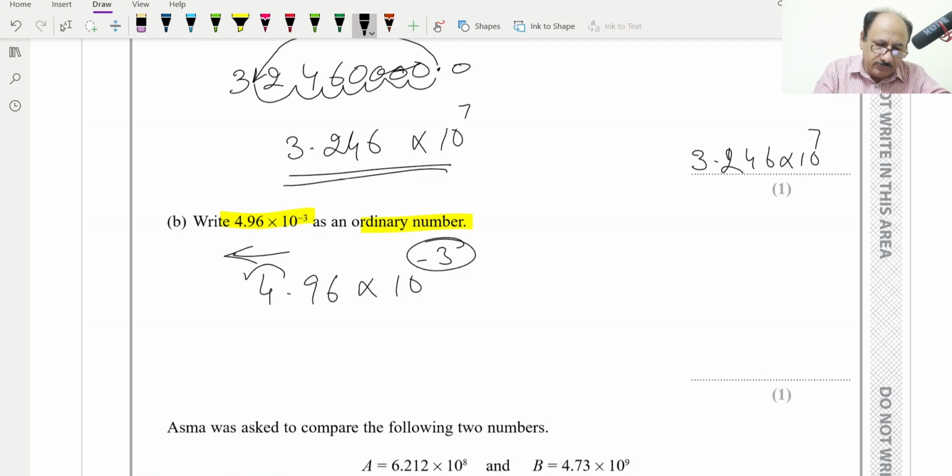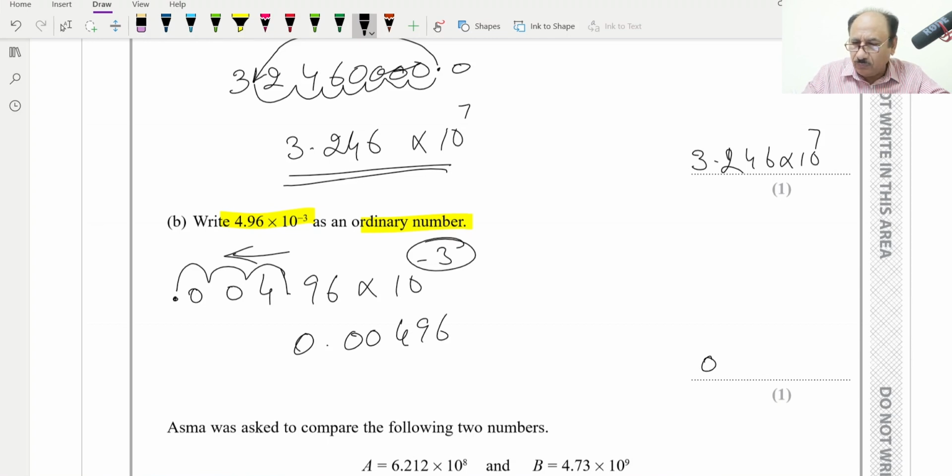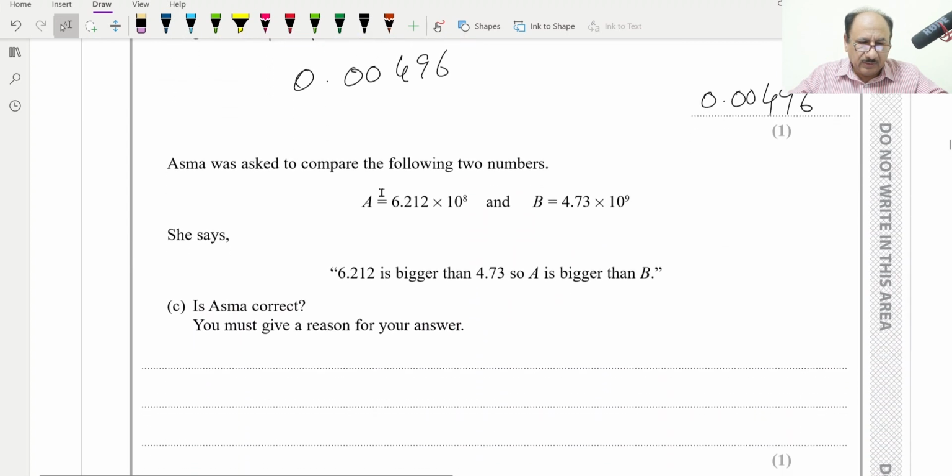So 1 jump, 2 jump and 3 jumps, so the decimal will reach here. We'll put additional zeros. Now the decimal has gone to the new location. Our answer will be 0.00496. So 0.00496 will be our final answer for this part.